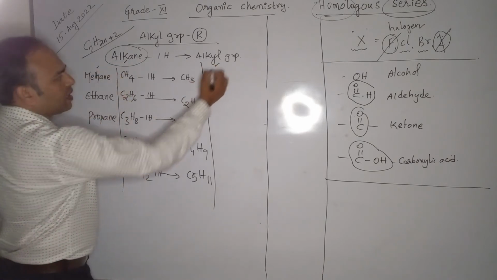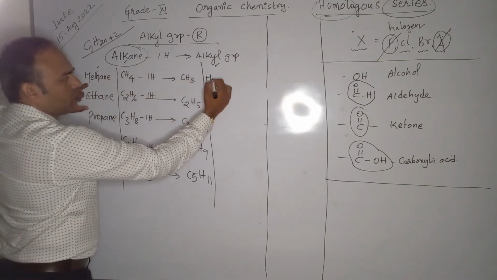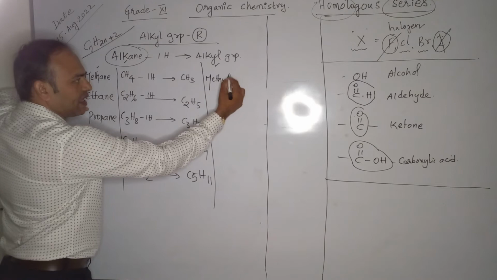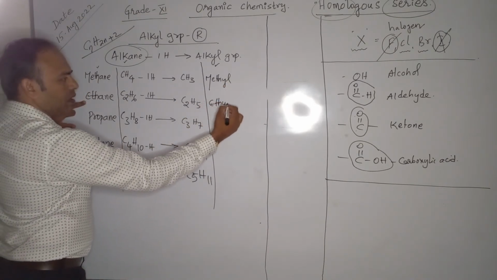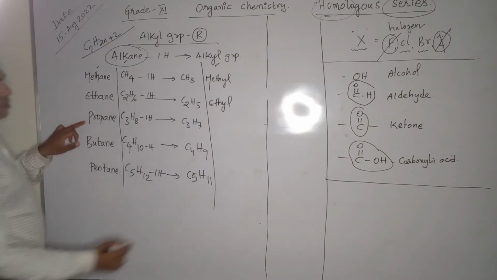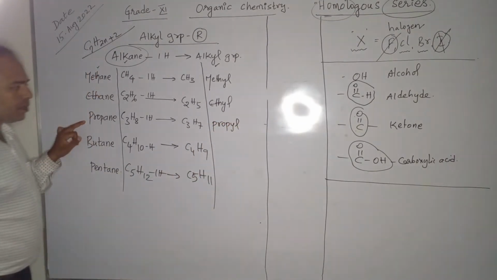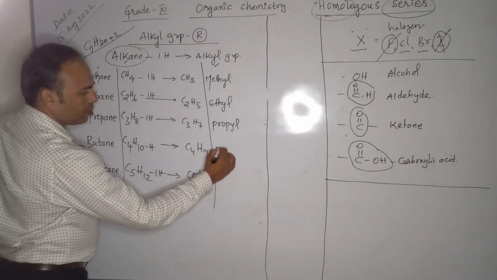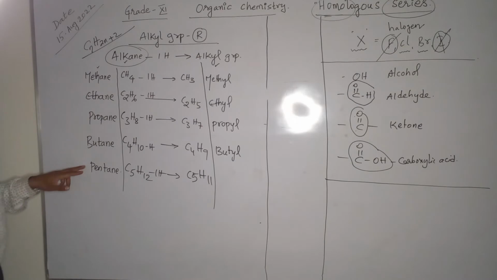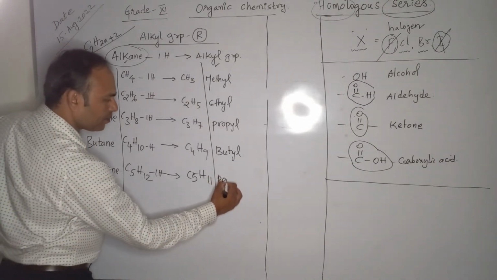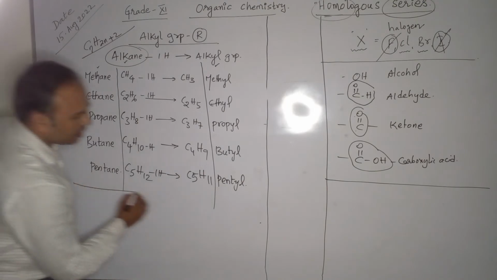Here it is alkyl, you will write the same alkyl groups. Methane is now written as methyl. Ethane, ethyl. Propane, propyl. Butane, butyl. Pentane, pentyl. Keep this in mind.